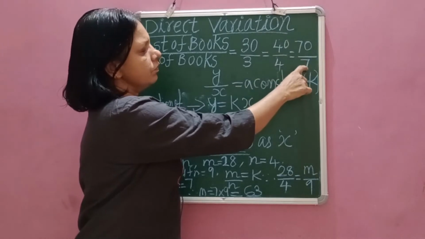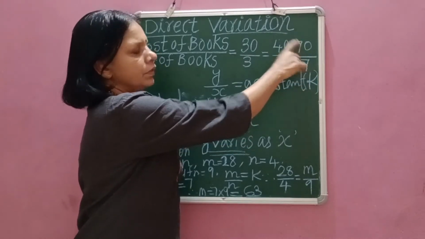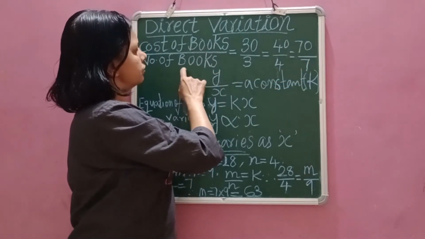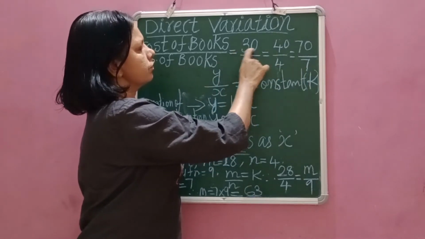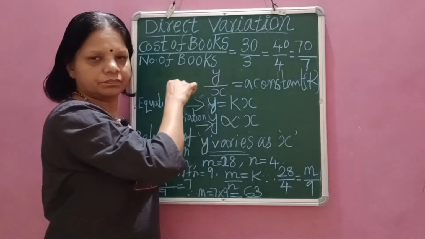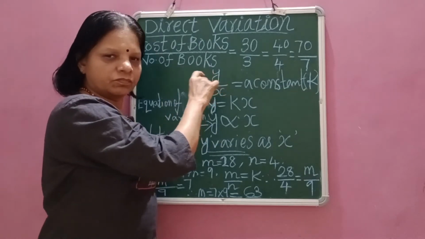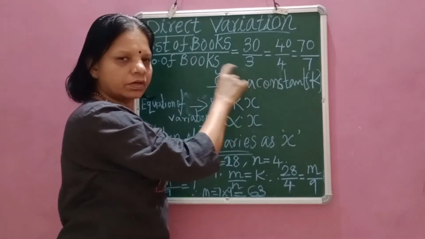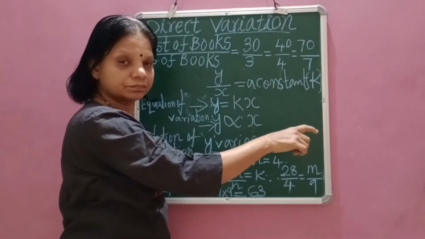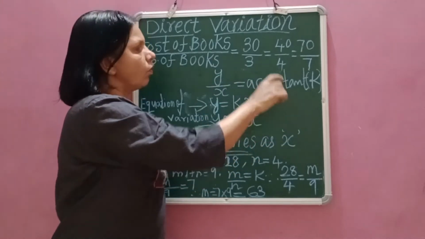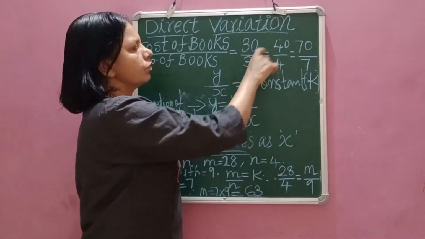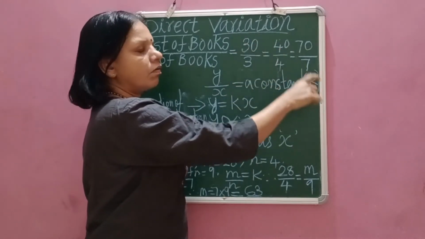Cost of 7 notebooks is 70 rupees. See here, the number of notebooks go on increasing, cost also go on increasing in the same proportion. Or this ratio will be same in all cases.